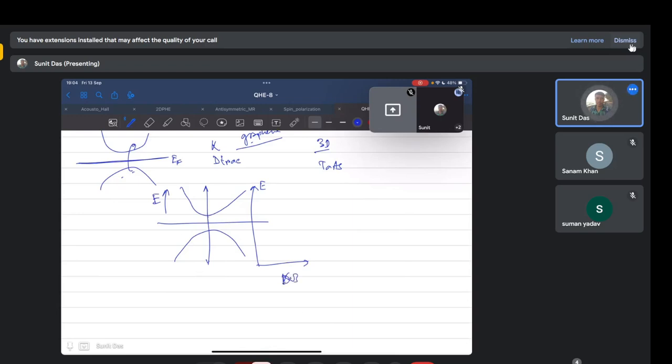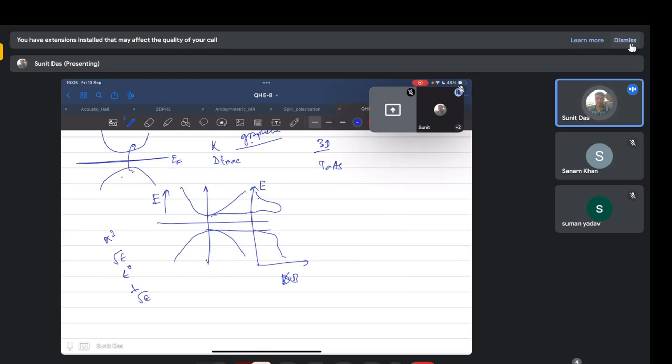I'm not going by a very accurate way, but if I have a K square type dispersion, then for 3D the DOS looks like root epsilon, for 2D it is independent of energy, and for 1D it goes as 1 over root epsilon.